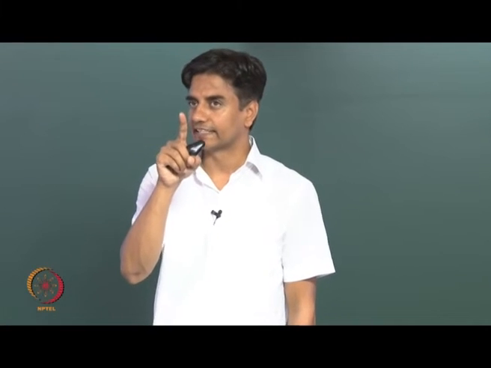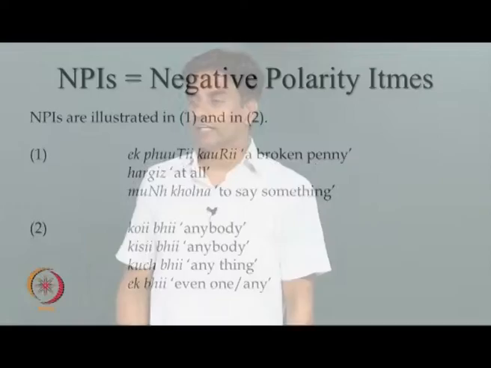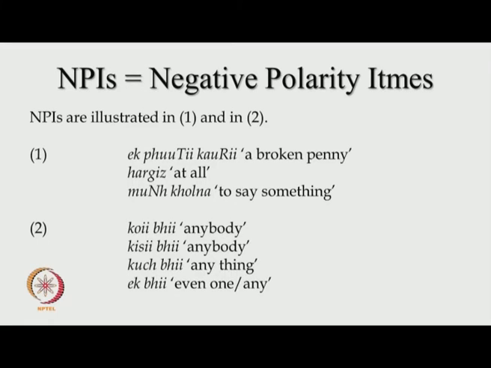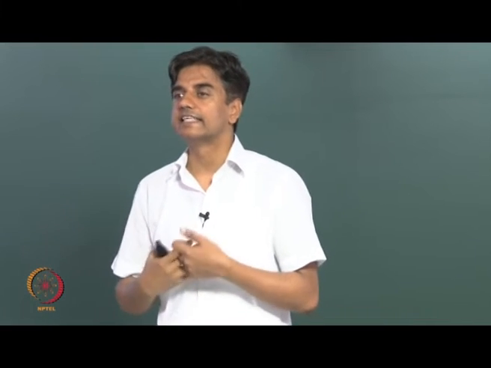These things, look at the second set. When these, or for that matter the first set also, when these things are allowed with negation, technically that is called licensing, which means a negative polarity item is licensed, meaning it is allowed.